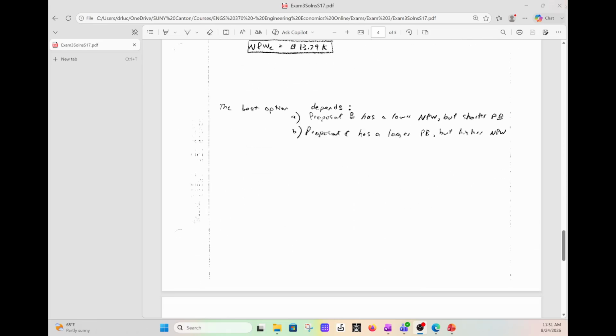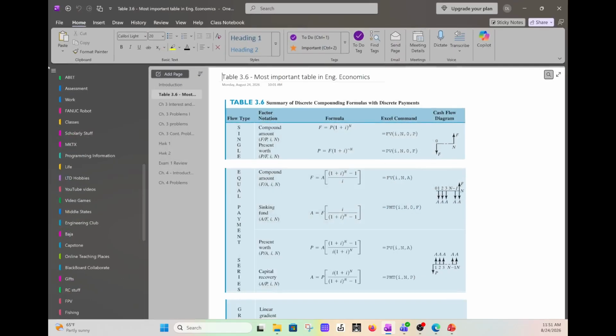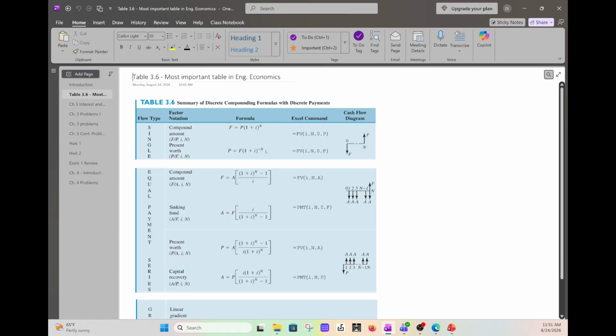One of the main things, and we'll get to this later too, is this chart in your book. I believe it should be on your front cover as well, but it's also table 3.6.